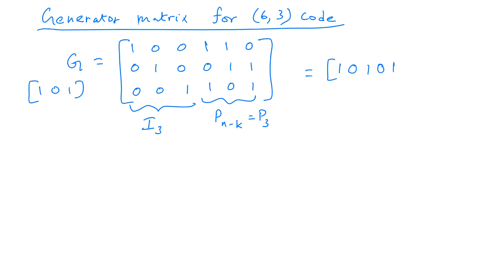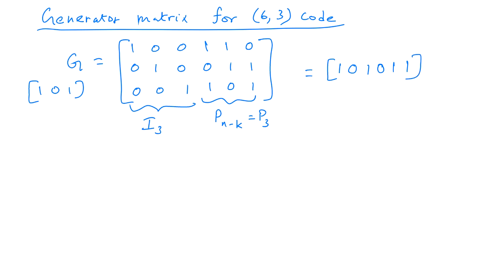And for the multiplication of the message with the third column of the P matrix, 1 into 0 is 0, 0 into 1 is 0, and 1 into 1 is 1. So it's 0 plus 1 is 1, and 1 modulo 2 is 1. So that's your code word, right? So that is how you will generate your code word.